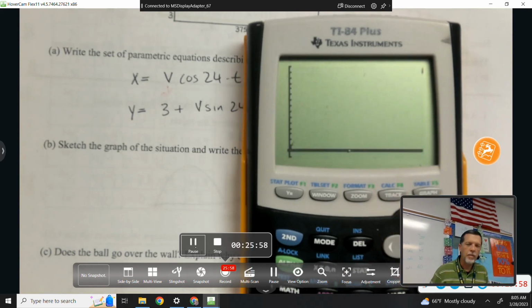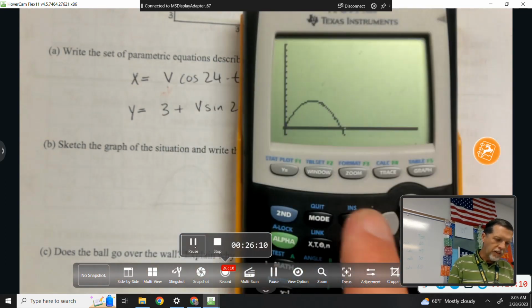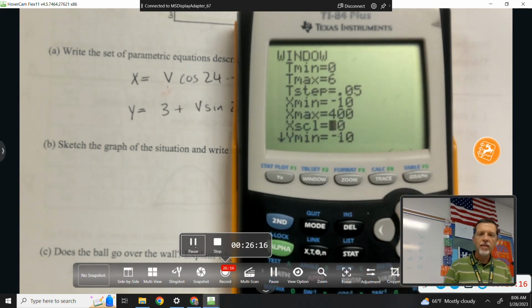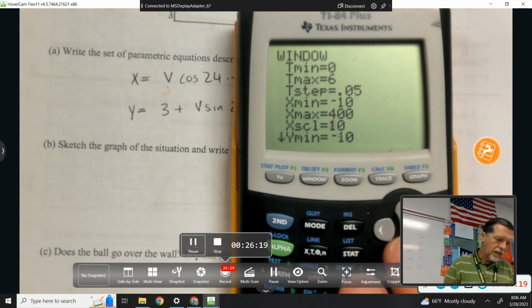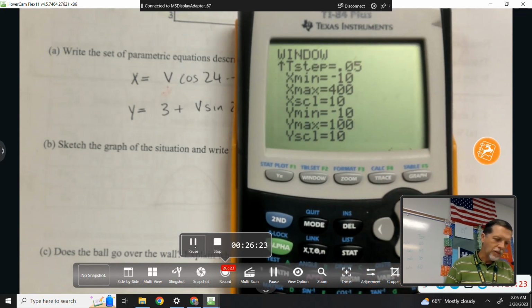And then my graph is probably wrong, although not terrible. At least I can see everything, but I would like a better picture than that. The wall is 375 feet away, so that's a pretty good clue on x. I'll go to 400, that way it's probably enough. My y didn't look like it needed to be 150, so I'll back it down to 100 and see how that looks.